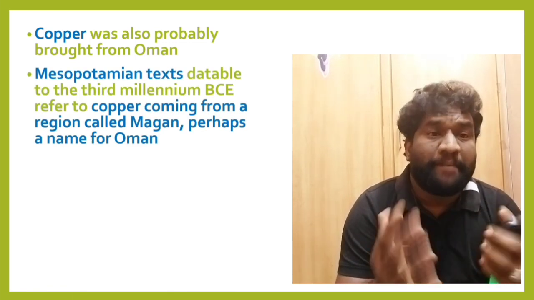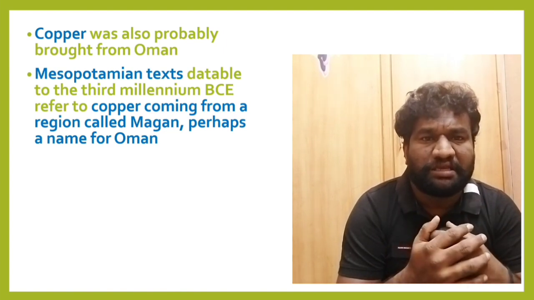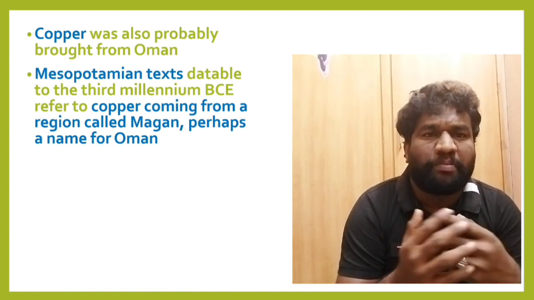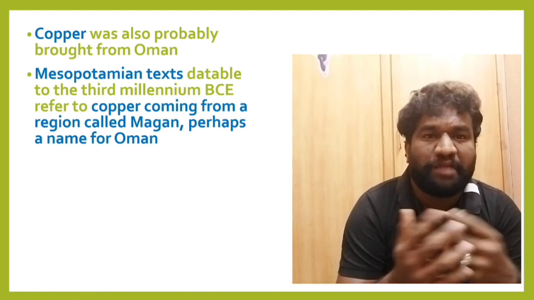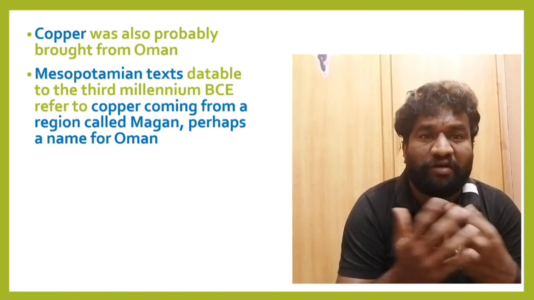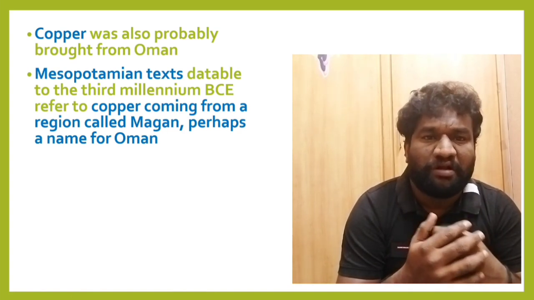A Mesopotamian text datable to the 3rd millennium BCE refers to copper coming from a region called Magan, perhaps a name for Oman. Magan was the ancient name of Oman.